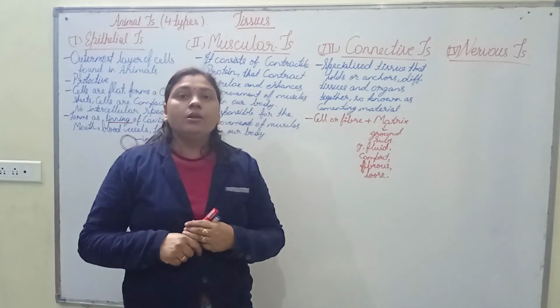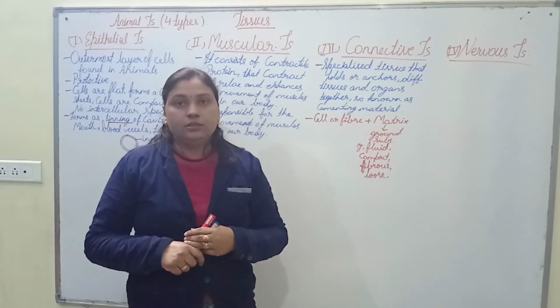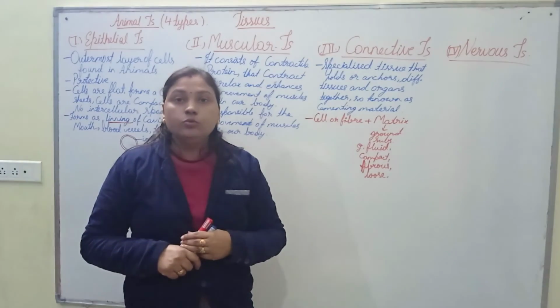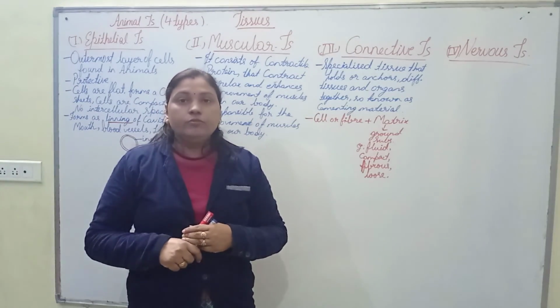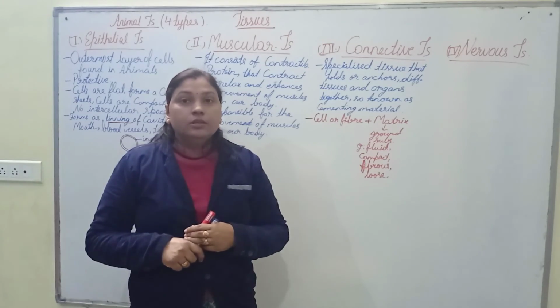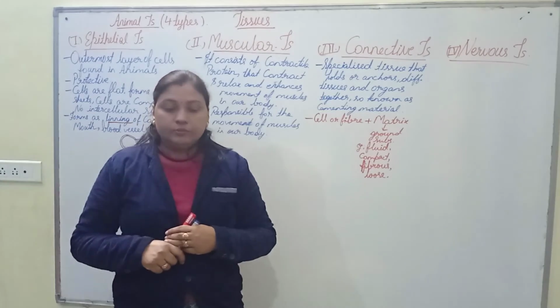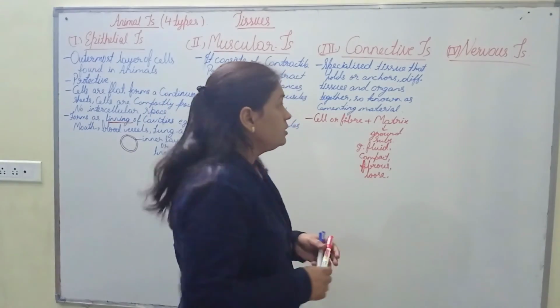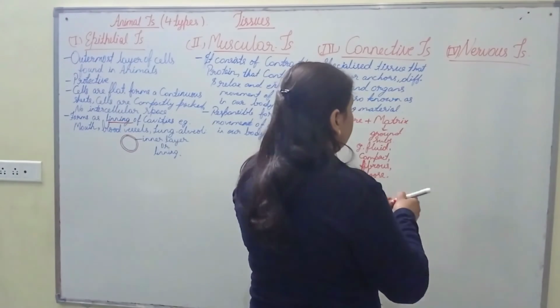Brain, spinal cord and nerves are all made of nerve cells, also known as neurons. The structure of nerve cells and nervous tissue we will discuss in elaborated form in the next session.